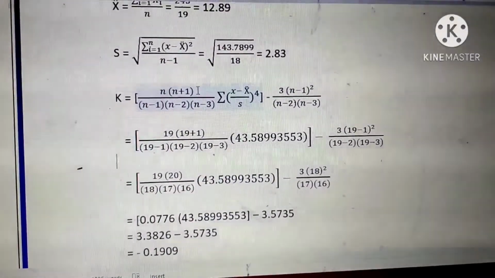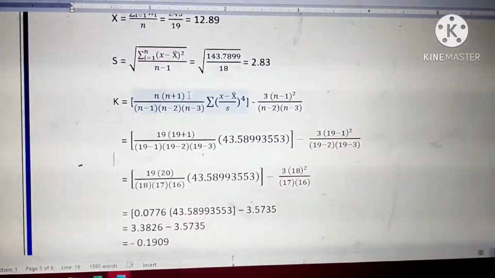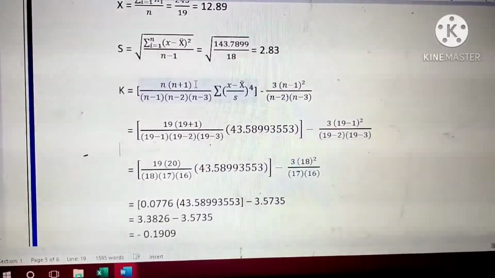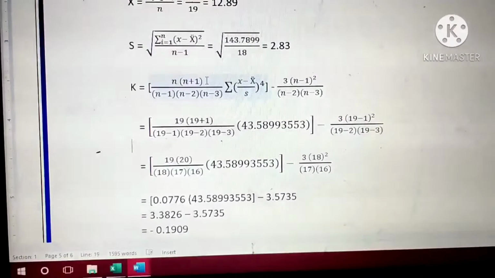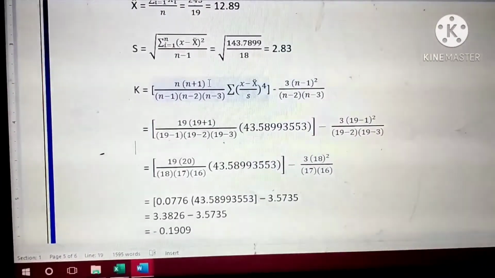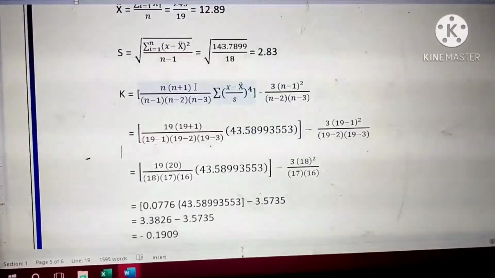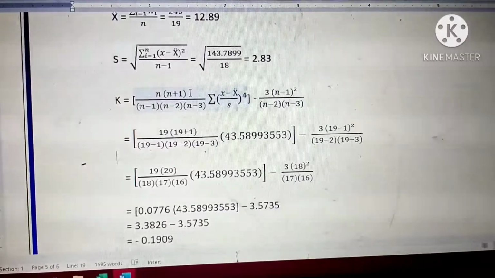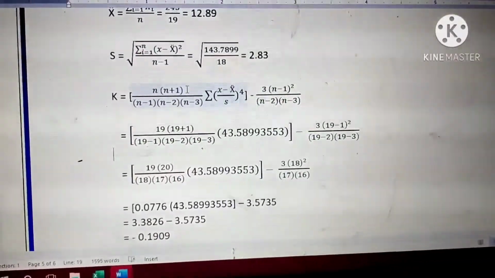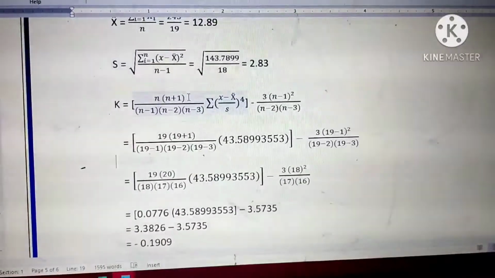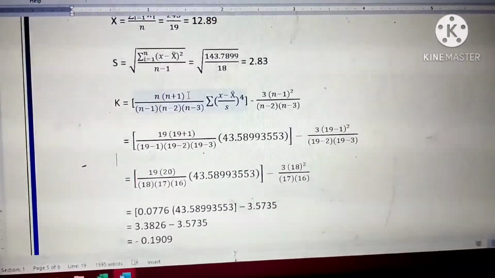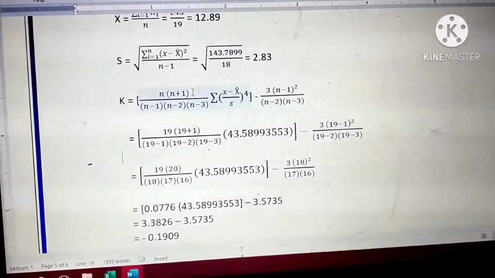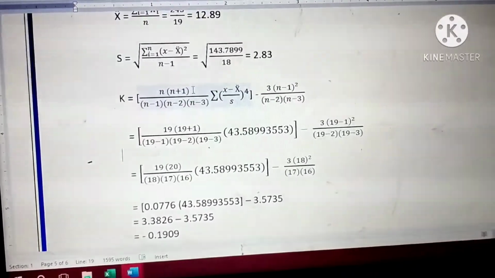Now, let's find the kurtosis of the data, where kurtosis is equal to n times the quantity of n plus 1 over the quantity of n minus 1 times the quantity of n minus 2 times the quantity of n minus 3, times the summation of X minus the mean all over the standard deviation raised to the fourth power, minus 3 times the quantity of n minus 1 squared over the quantity of n minus 2 times the quantity of n minus 3.